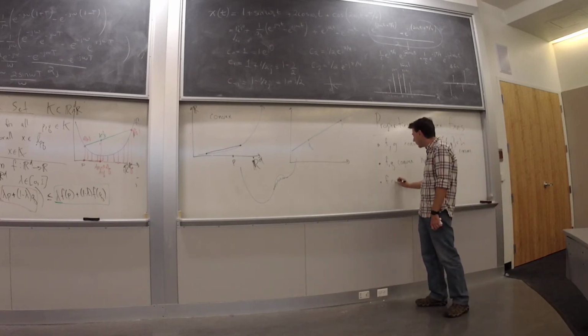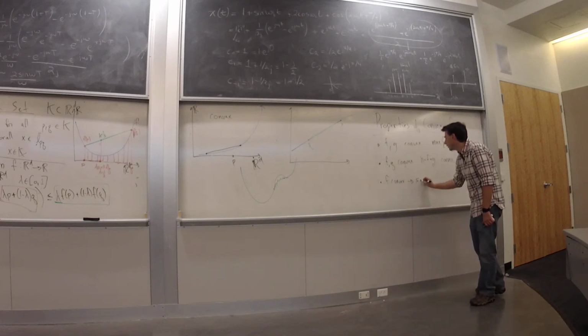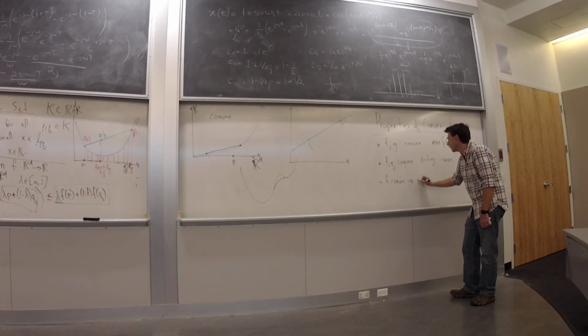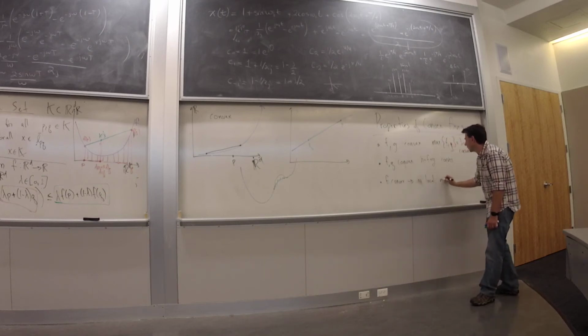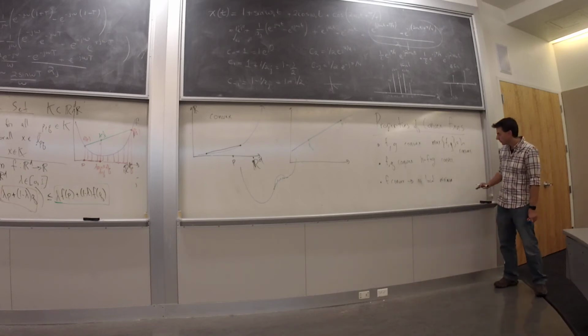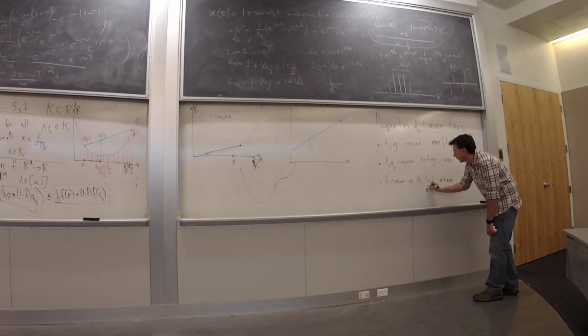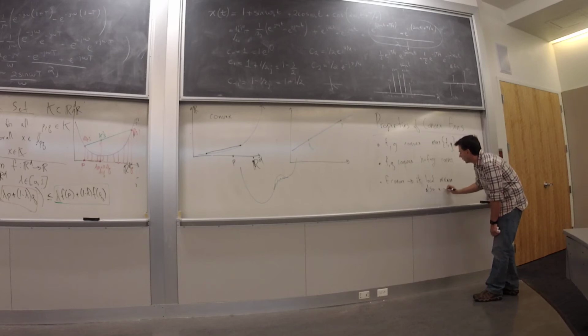And f is convex implies a local minimum is also a global minimum.